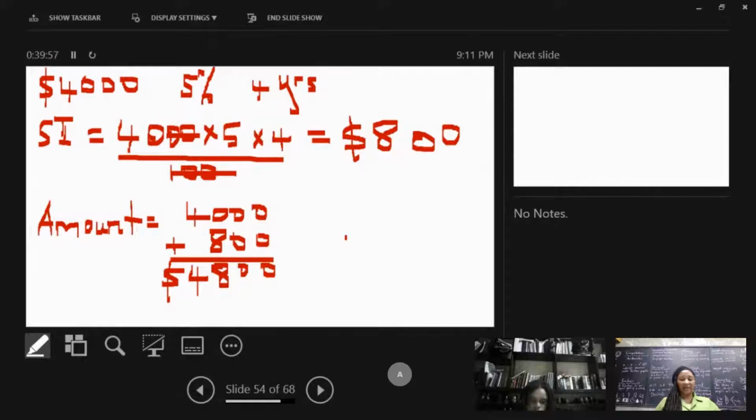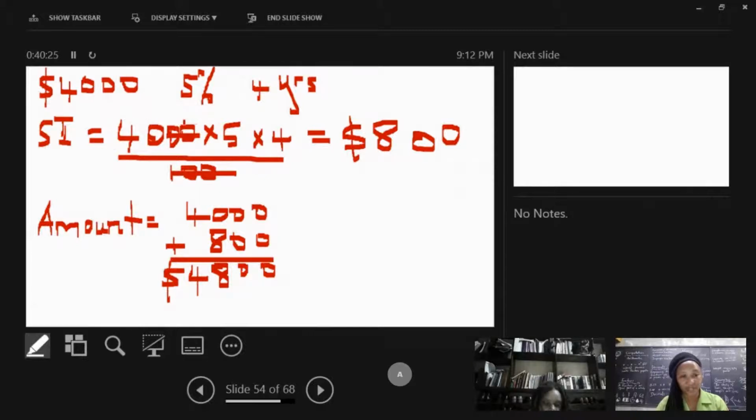So we had said we invested $4,000 at 5% for 4 years at simple interest. And the simple interest formula is simple. It's simplest. The principal times the rate times the time over 100, because the rate is over 100. So the $4,000 is the principal.